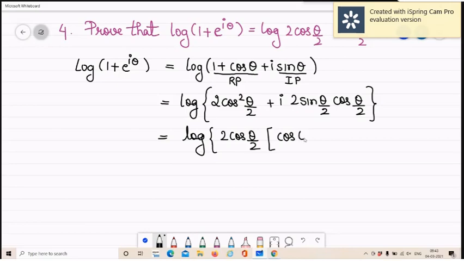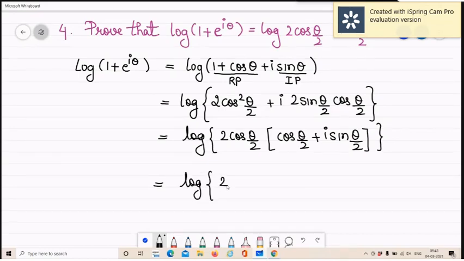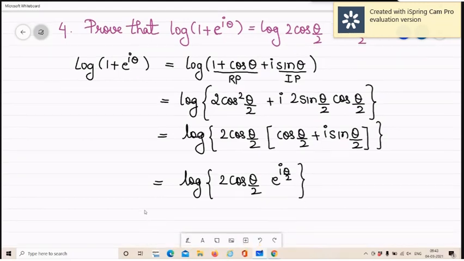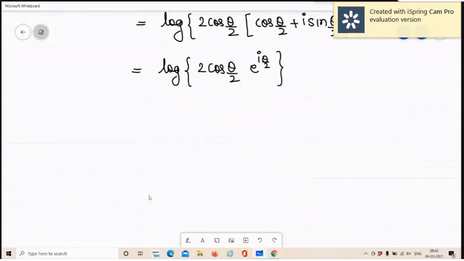So what I will get is cos theta by 2 plus i sin theta by 2. Before writing the plus, the next thing I can do is write this as e raised to i theta by 2.